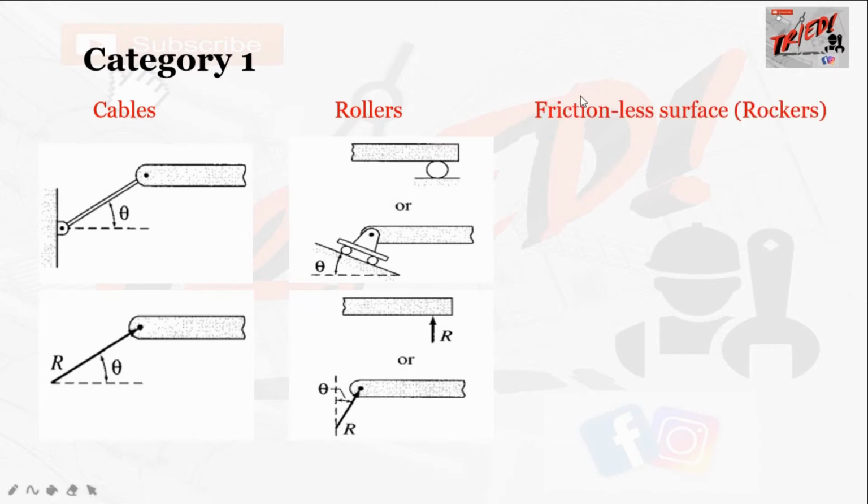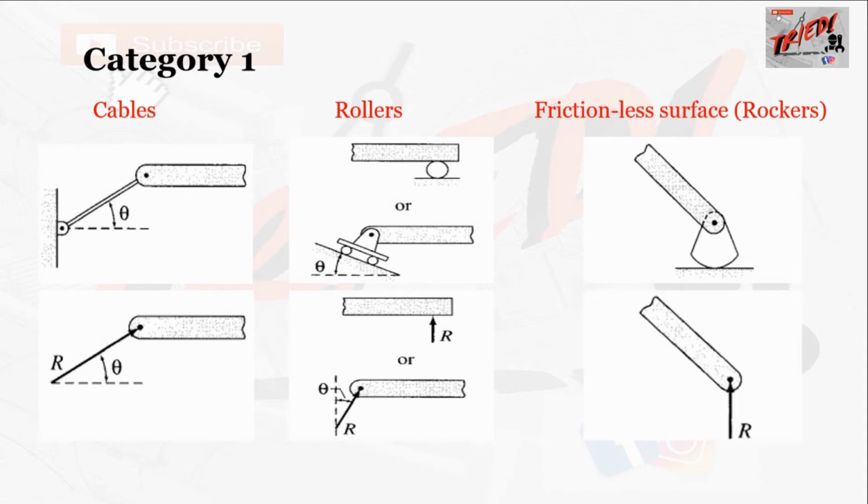Then we have the frictionless surface, where we're going to use rockers in this case. So we have our rocker here, and for rockers on frictionless surfaces, we need to know that the reacting force will always be perpendicular to the surface. What will be our free body diagram for this? It will look something like this.